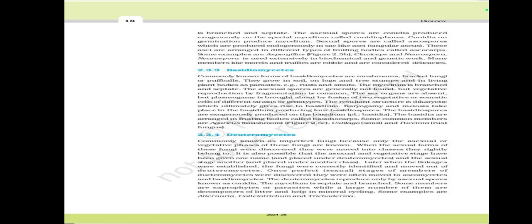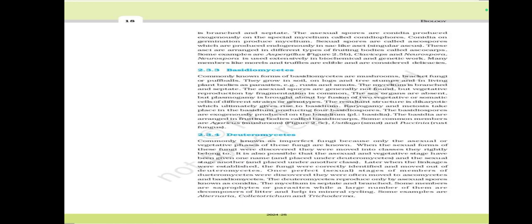The sex organs are absent, but plasmogamy is brought about by the fusion of two vegetative or somatic cells of different strains or genotypes. The resultant structure is dikaryotic, which ultimately gives rise to basidium. Karyogamy and meiosis take place in the basidium, producing four basidiospores.